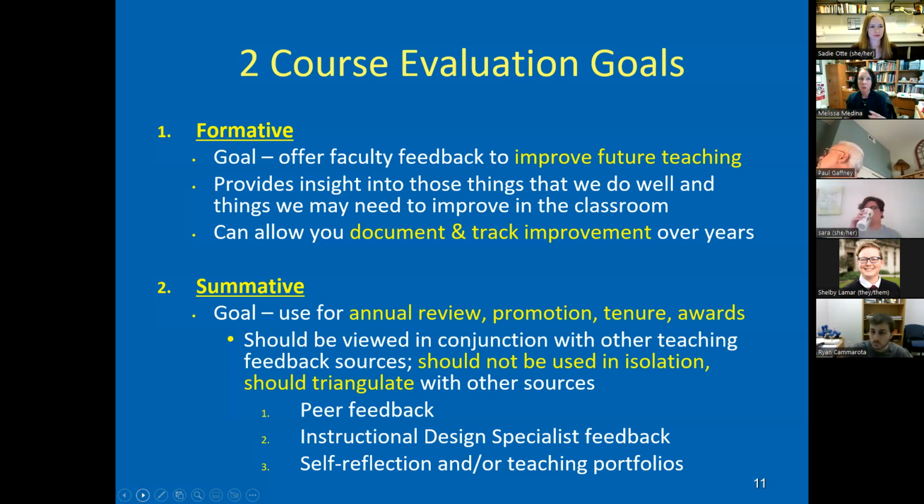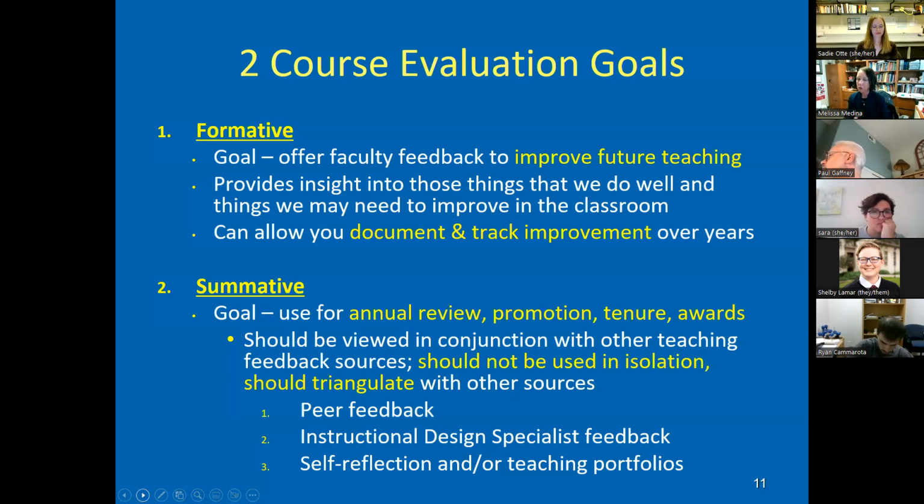Now, this is sort of a spoiler alert, but a big theme that I try to educate people about, and hopefully I'm probably preaching to the choir, is that course evaluations should not be used in isolation. So when we are thinking about course evaluations for formative or summative reasons, you should always be at a minimum triangulating your results, if not including more sources of feedback. So you should be triangulating with peer feedback.